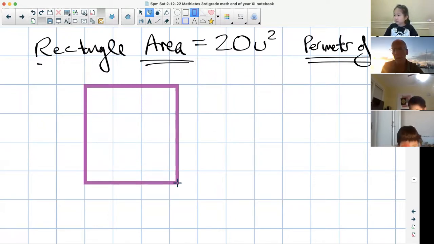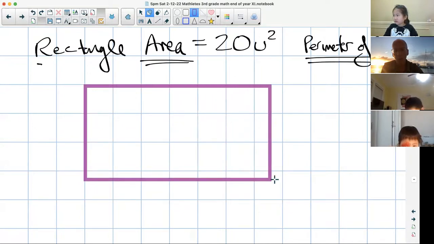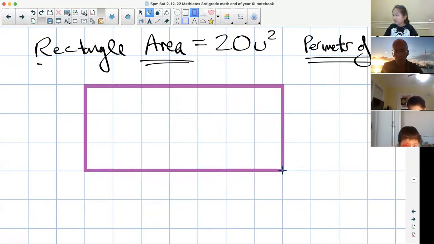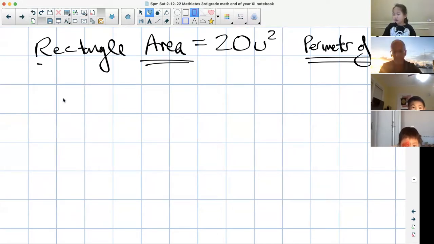And by the way, guys, that one right there has a perimeter of 20, but I'm not going to show it to you. I want you guys to figure it out.